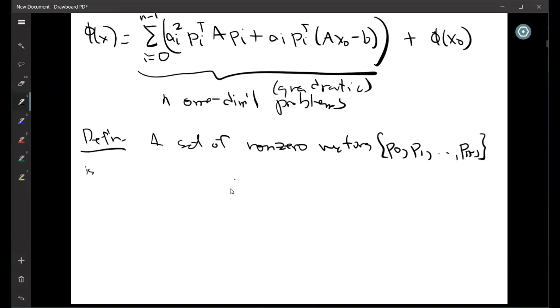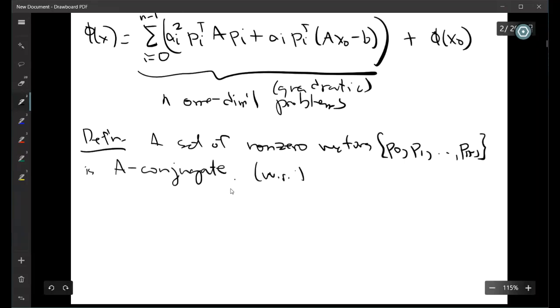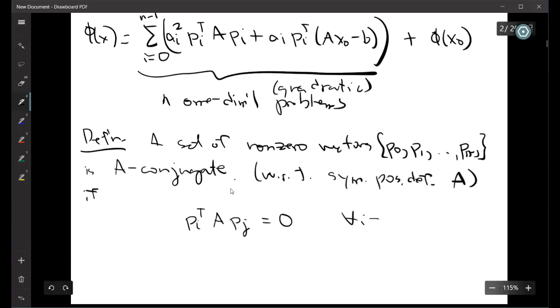And we call this A-conjugate, with respect to the symmetric and positive definite matrix A, if the following scalar p_i transpose A p_j is equal to 0, for all i not equal to j.